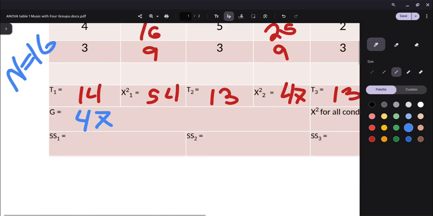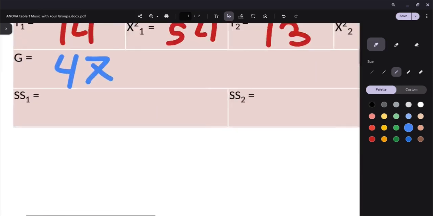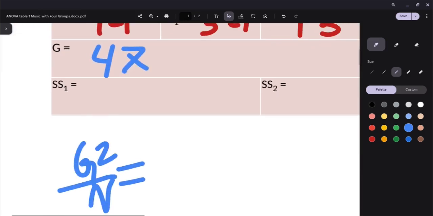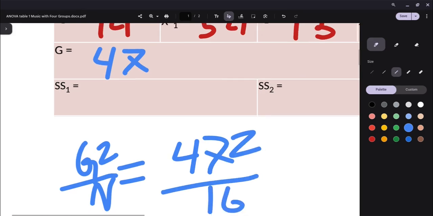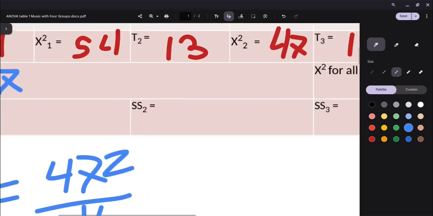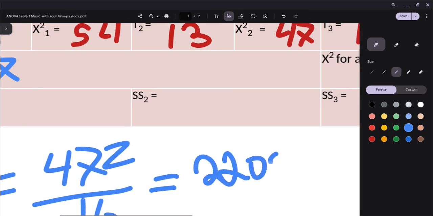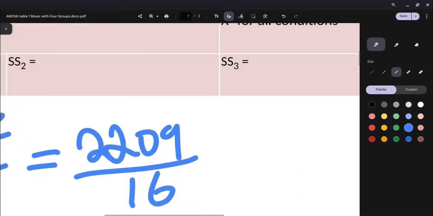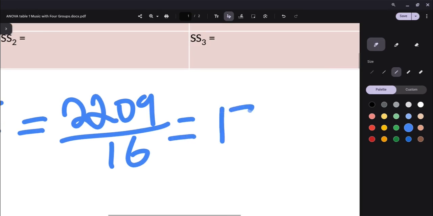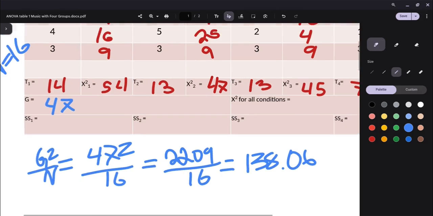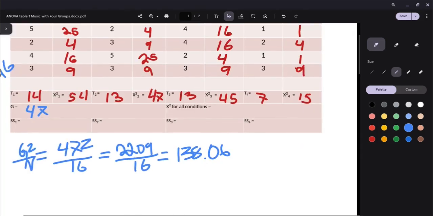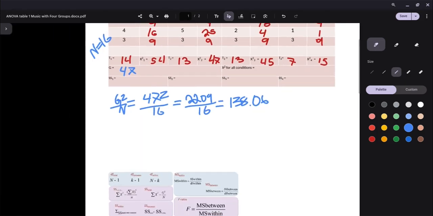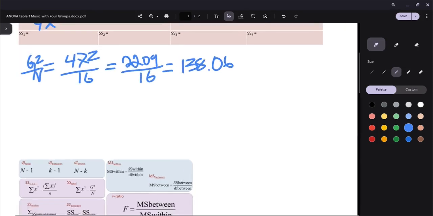So let's find our correction factor. That'll be G squared over n, which is equal to 47 squared over 16, which is equal to 2209 over 16, which is 138.06, which is our SS total.